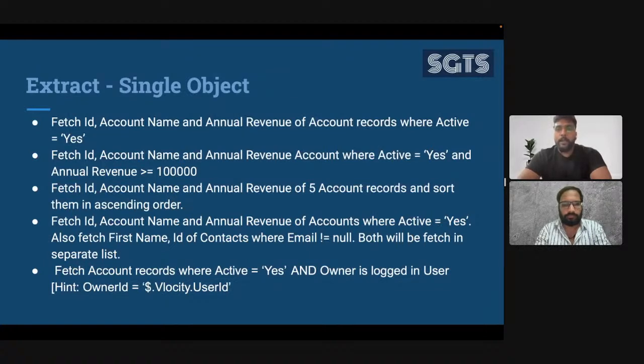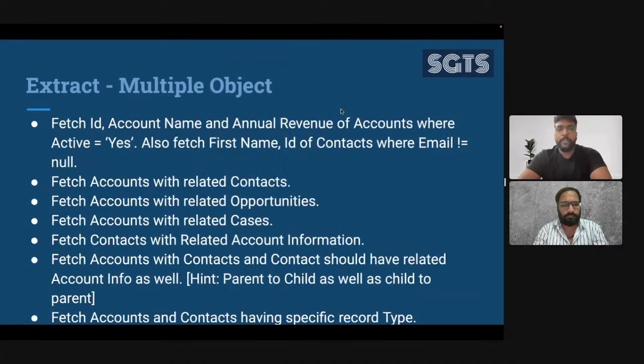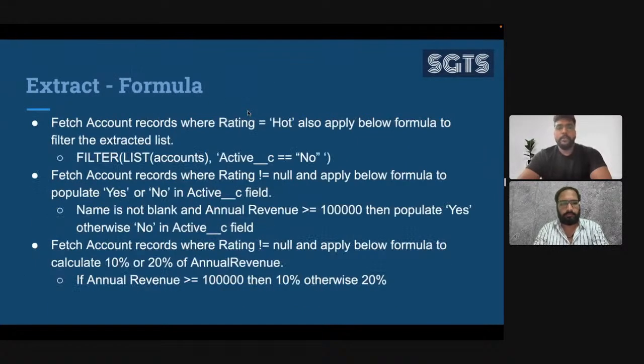We used both approaches: hard coding the parameters into the where clause or filter criteria, and passing dynamic values from the preview tab. I'm hoping you are following all these examples at your end to practice so that you can get more insights about Data Raptor Turbo Extract and Data Raptor Extract. These are some examples of single and multiple objects.